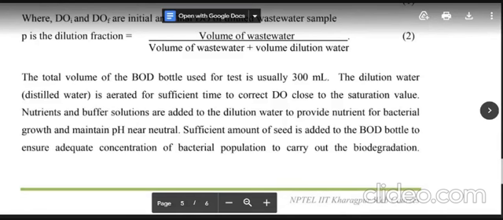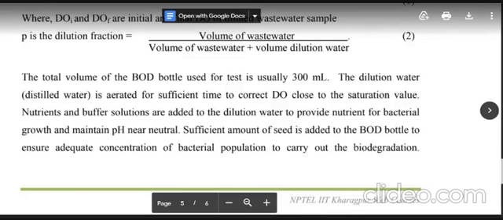Now what happens? As there is not a sufficient amount of oxygen, the decay of the microorganisms takes place. There are dead bodies of those microorganisms present in the water, and you will not get exactly how much is depleted because there is no oxygen. So you are not seeing initially 9.1 and now it is 0. 9.1 milligram per liter is the organic matter present, because that is the relation.